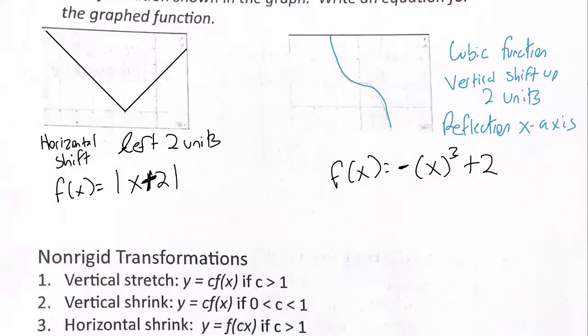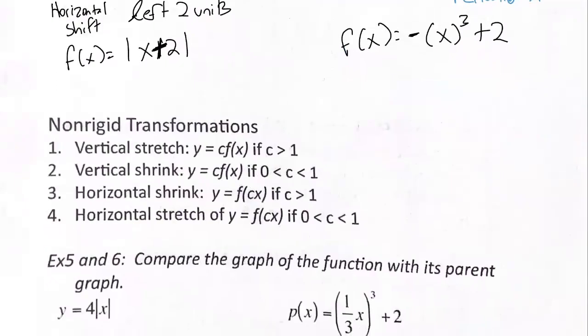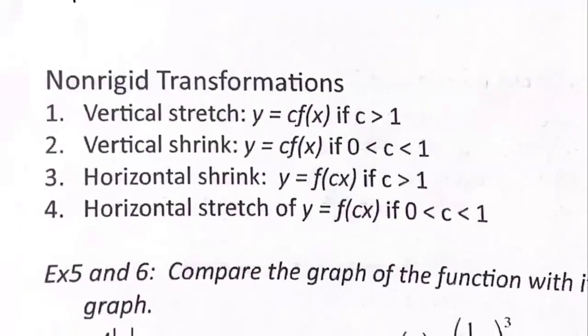Okay, these next ones are honestly the most difficult ones when it comes to vertical and horizontal shrink or stretch. And it depends on the value in front of the function. So if you have a function and you have a value, in this case C, if it's greater than 1, you're gonna have a vertical stretch.